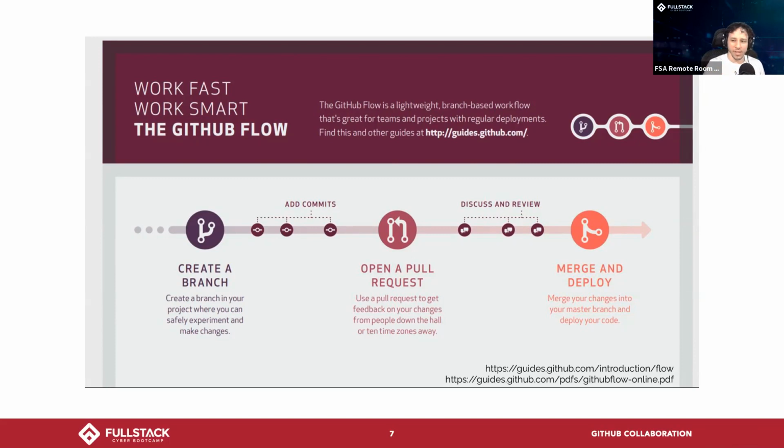They try and make everything as modular and as small as possible. They add their commits to the branch. They open a pull request, which is essentially saying, hey, I'd like to merge these changes into main. They do some kind of code review, some kind of process, hopefully. And then they'll merge it into the main branch and do whatever they need to do to deploy the app out there once the code's in there.